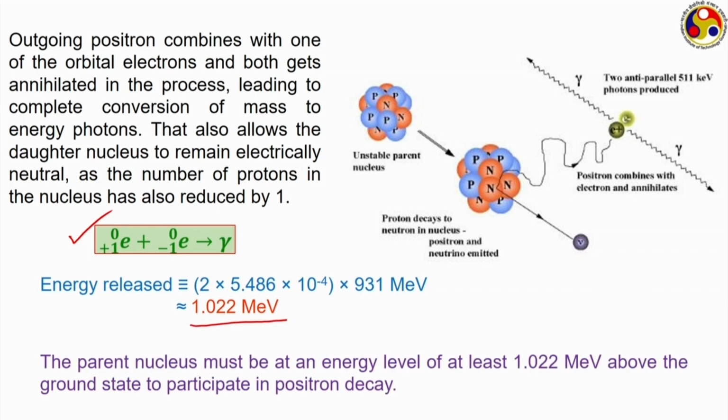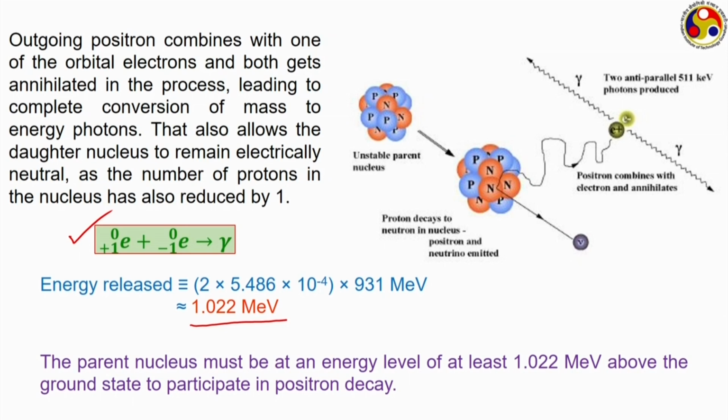So, it is very important to note that just having an excess number of protons is not sufficient for an isotope to go through positron decay. Rather, it must be at an energy level at least 1.022 MeV higher than the base level, only then is positron decay possible. I repeat, the parent nucleus must have this 1.022 MeV of energy, only then can it go through the positron decay process.